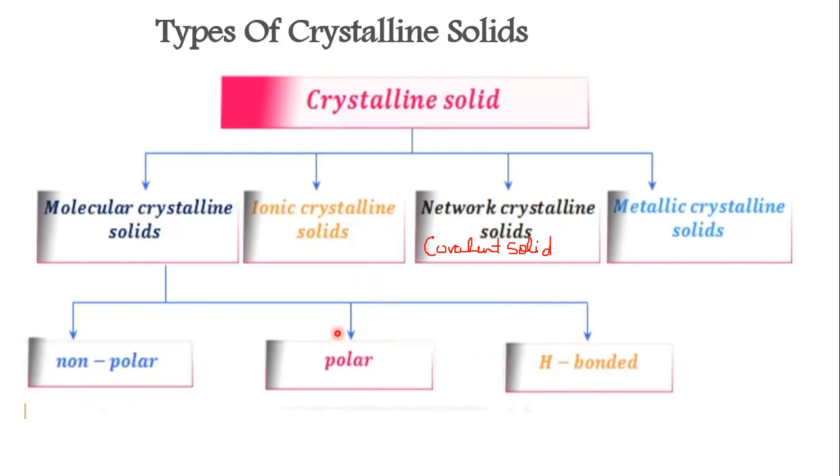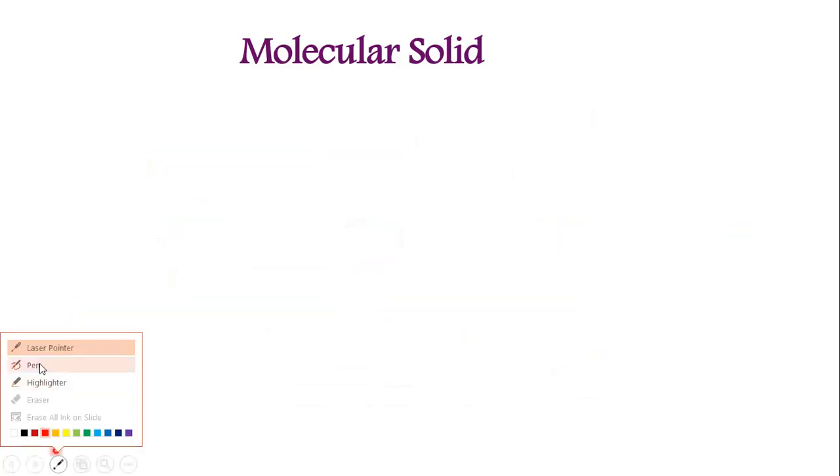Okay. Now we'll study these solids in detail. अभी जो first है, that is हम लोग going to study is molecular solids. Okay. So molecular का first है polar molecular solids.